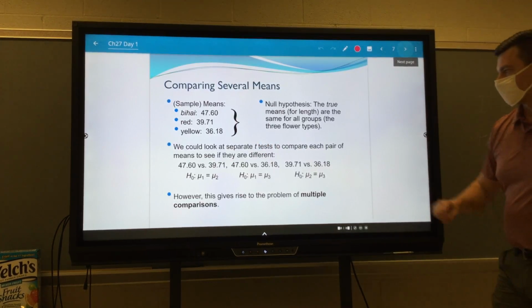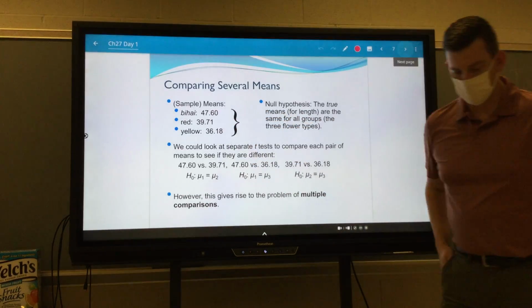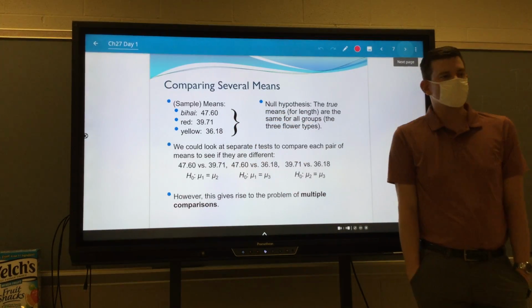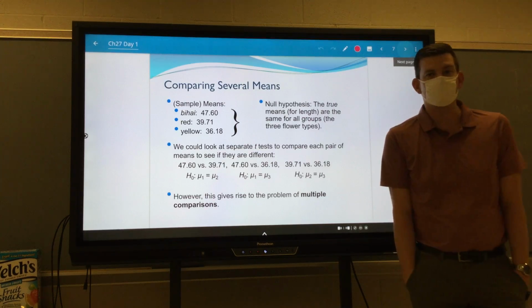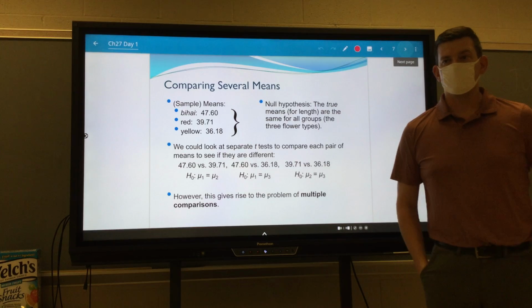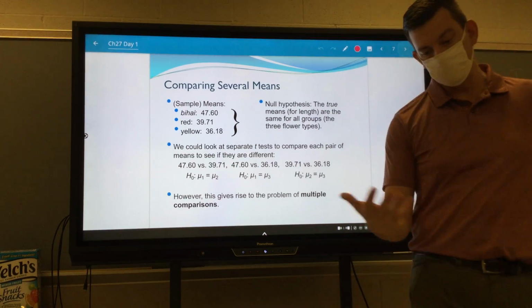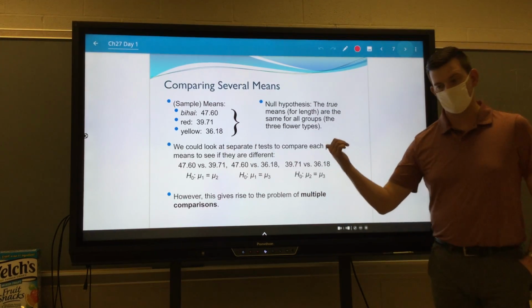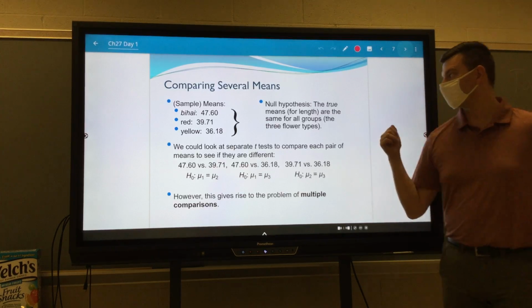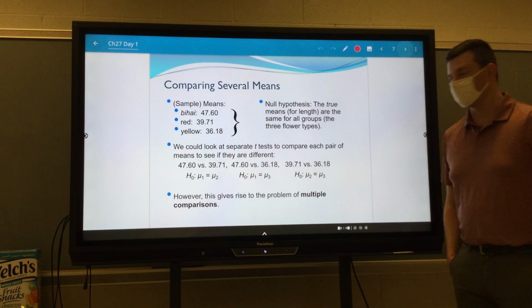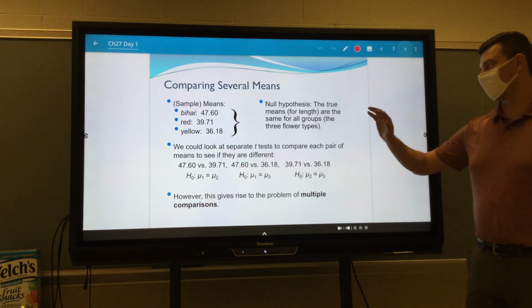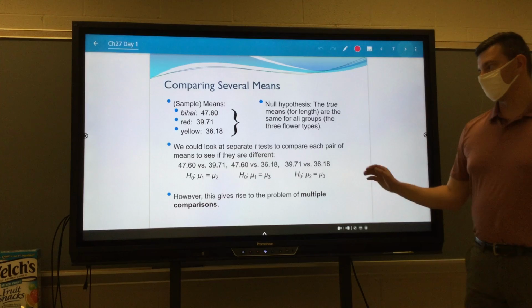So we have our 3 sample means. The null hypothesis, we know, is always a form of equality, saying that things are the same. So we have been saying that 2 things are the same. In the case of ANOVA here, we're comparing these 3 means. We're going to say that the true means for the length are all the same for all the groups.